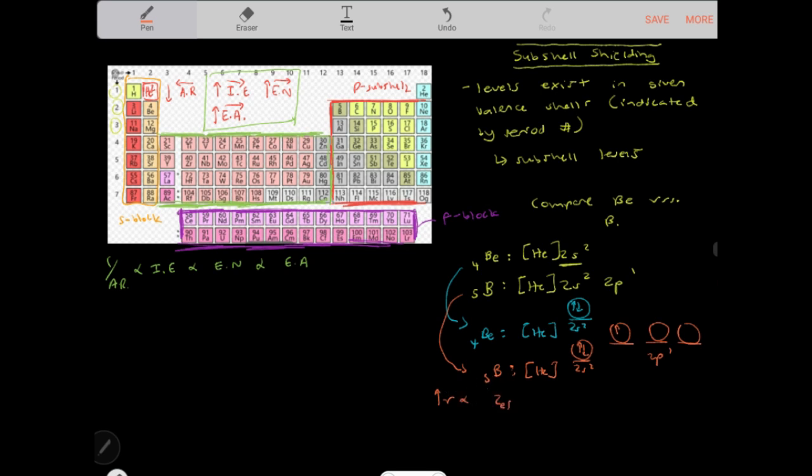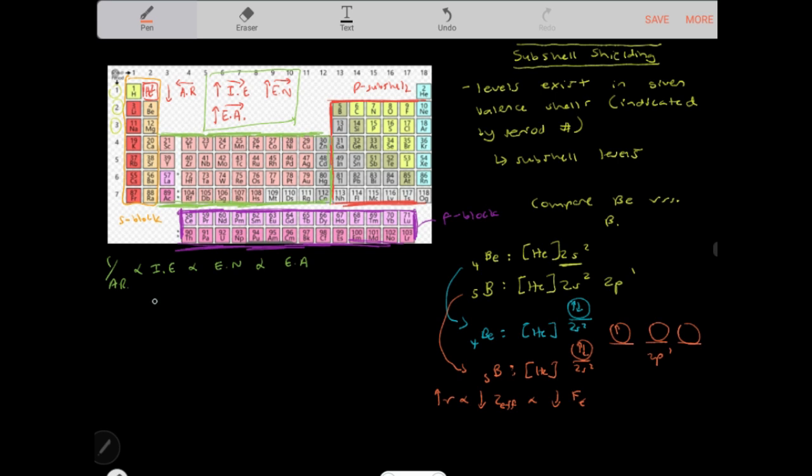As a result, the effective nuclear charge will decrease, and if the effective nuclear charge decreases, the force of attraction will decrease. So it's kind of counterintuitive to going to the right of the period. We said that going to the right of the period, the force of attraction increases because there's a higher effective nuclear charge.